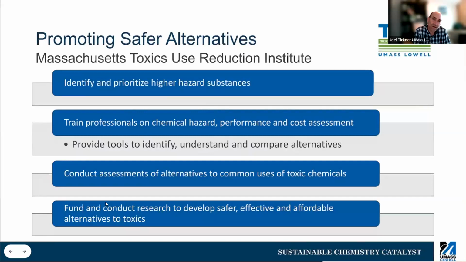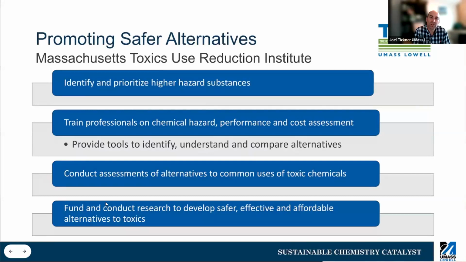Every 2 years, they have to do an assessment of alternatives that would reduce the amount of chemical use per unit of output. They pay a small fee on chemicals that funds the regulatory program, a voluntary technical assistance program, and a research and education program at the University of Massachusetts at Lowell.